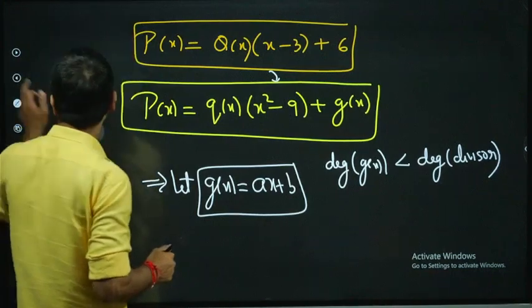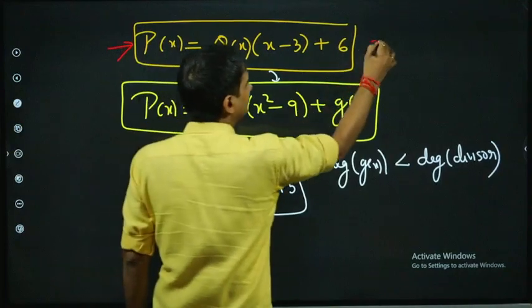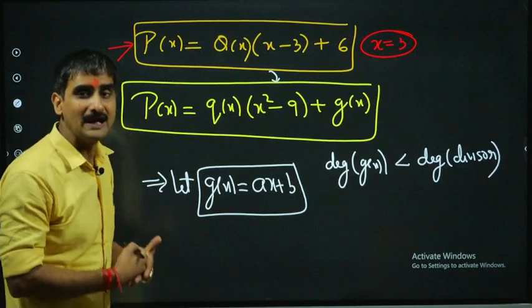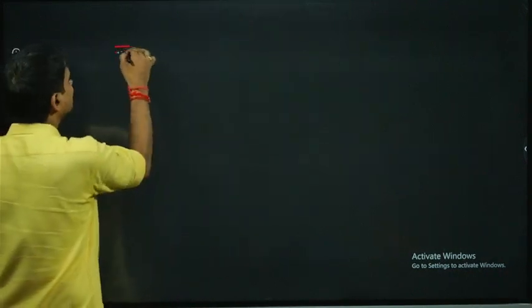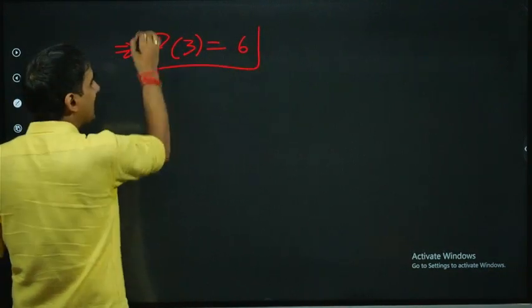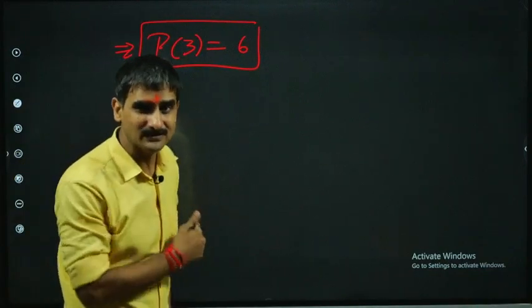Now I will substitute here, put x equal to 3. So we'll get the value of the polynomial at 3. So p of 3 is 6. And one more thing, I'll be using the statement that p of x is an odd function.